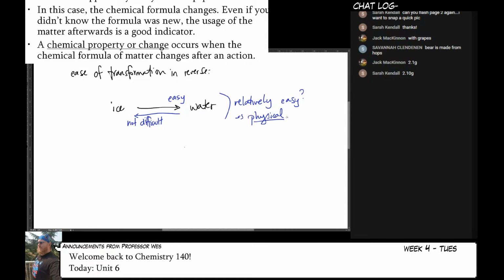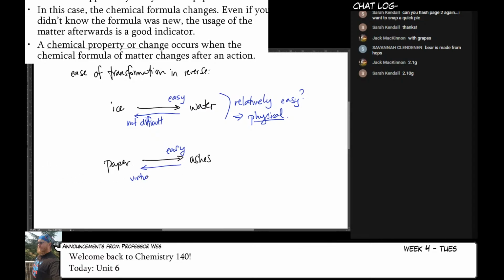If a change is relatively easy to reverse, then we are most likely looking at a physical change. But let's look at the paper and the fire example. This is very easy to do. You light it on fire and there it goes. But what about this?